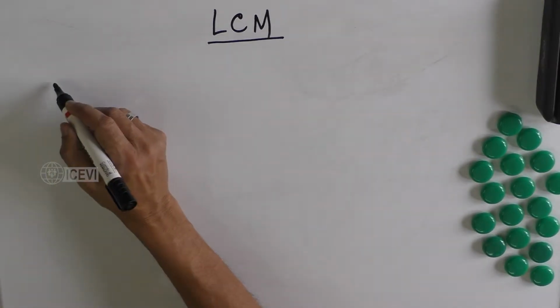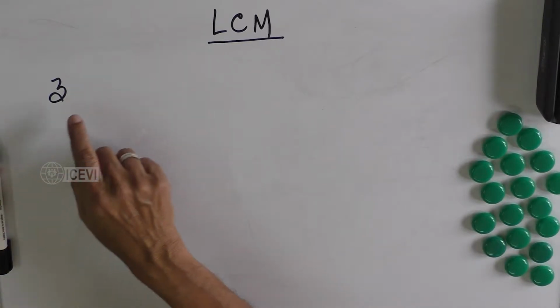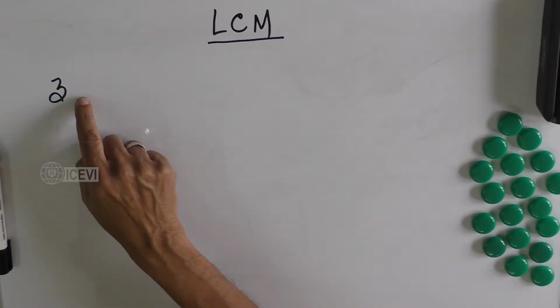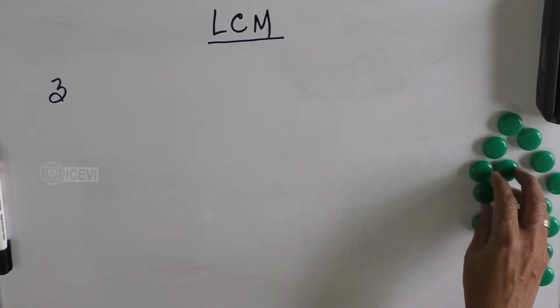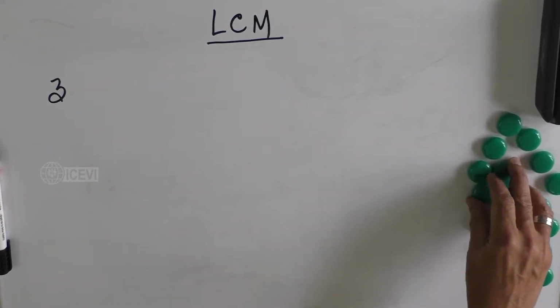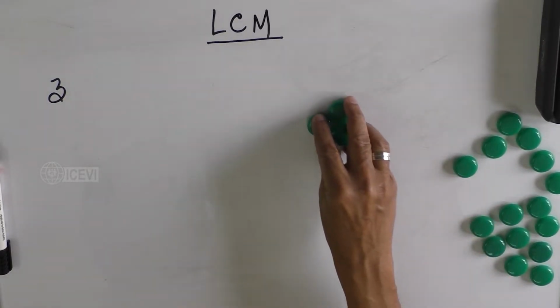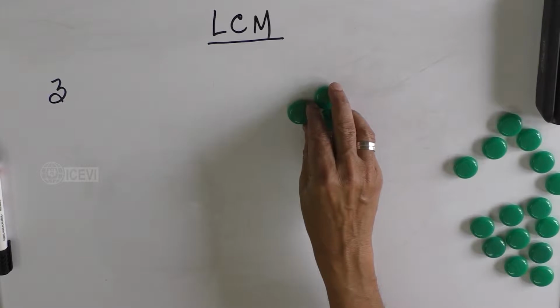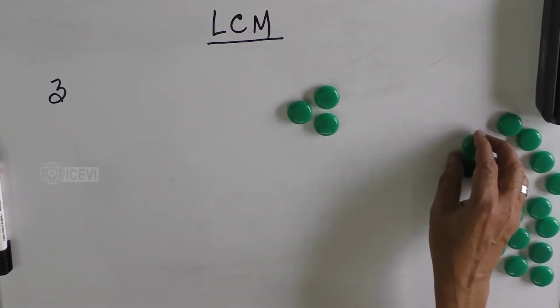Let us take 3. So let us find out the multiples of the number 3. So what we have said, multiple denotes a number that may be divided by another number a number of times without leaving a remainder.